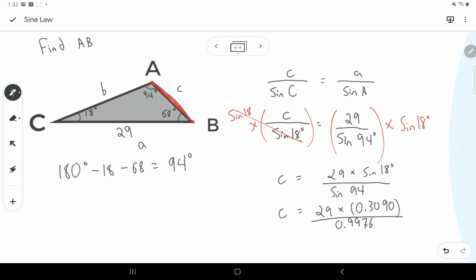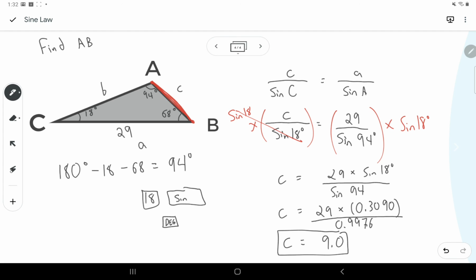And remember, if you're not remembering how to do sine on a calculator, usually it's just entering the angle and then pressing the sine key and making sure that your calculator is in degree mode. Last step here, we multiply the top and then divide by the bottom, which will give us our final answer here, c equals 9.0.